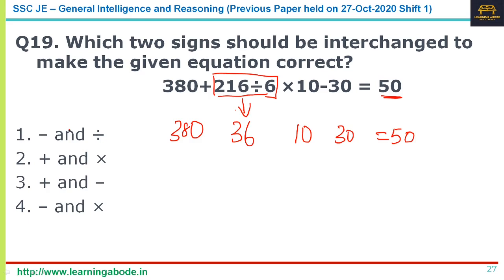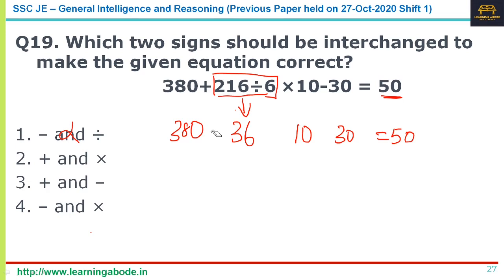What happens if you interchange plus and into? Now it will be 380 into 36. That is not correct, that doesn't help. So that multiplication, you may leave it like that.